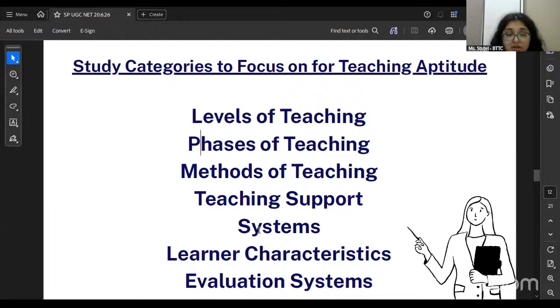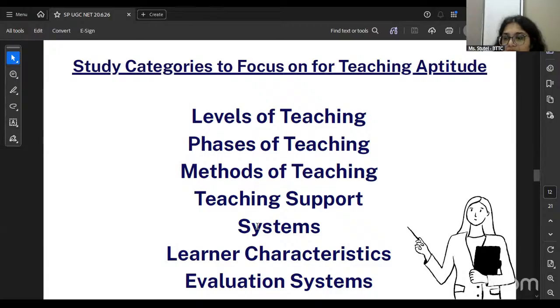Or is the focus on learner characteristics? Is the question more inclined towards the students or is it more inclined towards the teachers? Is it asking you about evaluation and assessment? So once you identify the category first, it makes the answer much easier to find. And if you don't have enough time to ask yourself these questions, then simply narrow it down to these categories that I've given you.